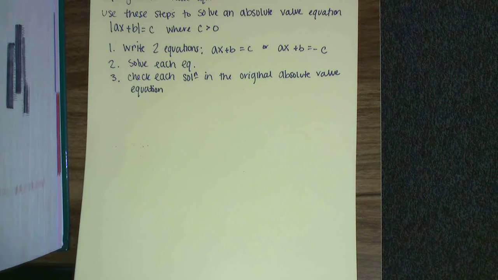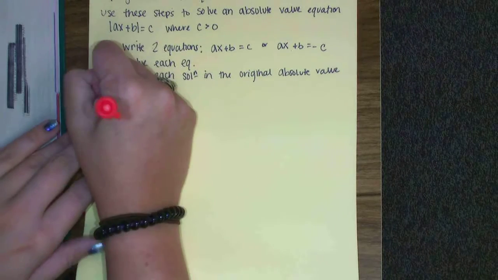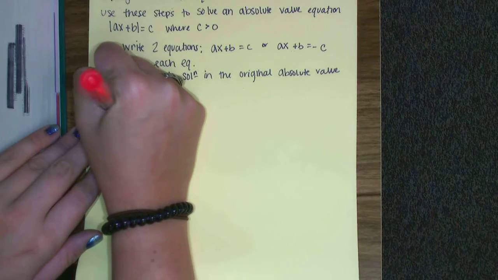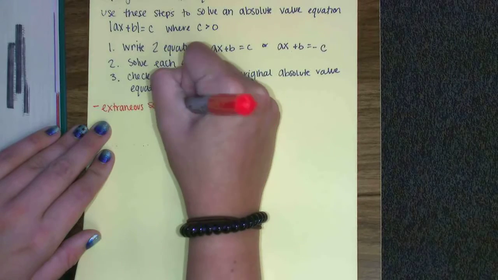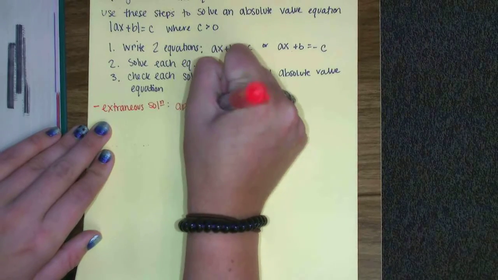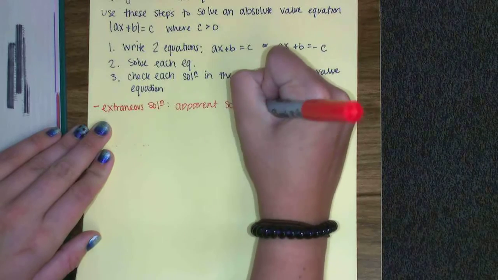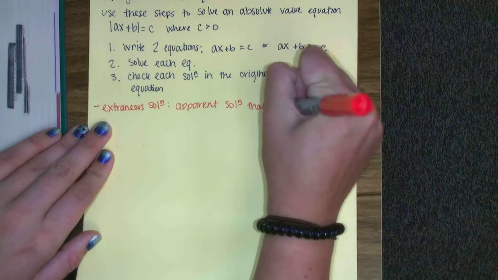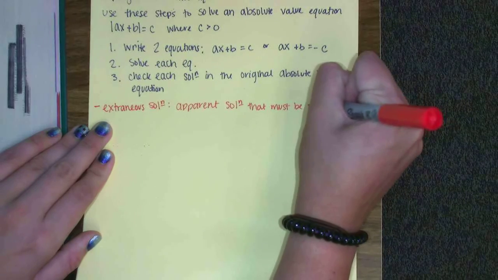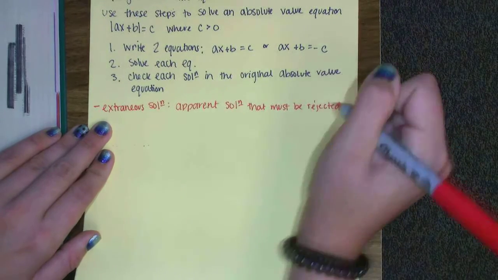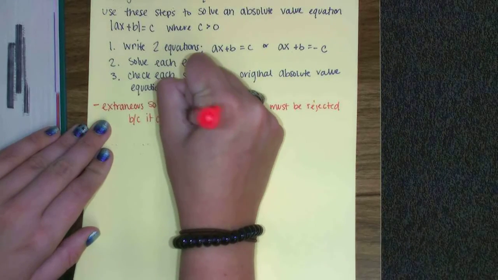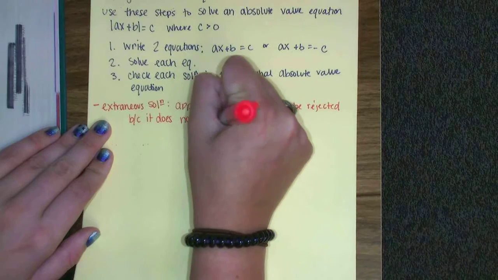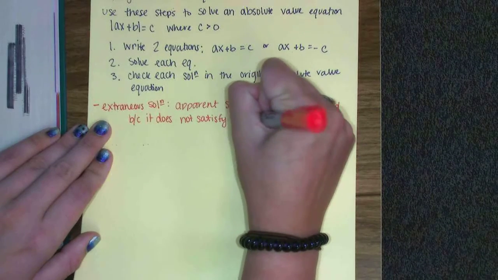And here's why. Because we could get an extraneous solution, and that is an apparent solution that must be rejected because it does not satisfy the original equation.